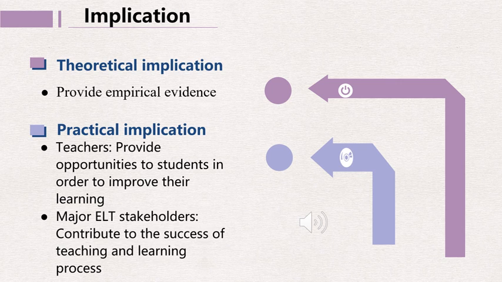For the practical implication, from the teacher's perspective, they provide opportunities for students to frequently assess themselves in order to improve their learning. Well, for the major English language teaching stakeholders, this could be regarded as a contribution to the success of the teaching and learning process through making comprehensible scoring criteria.